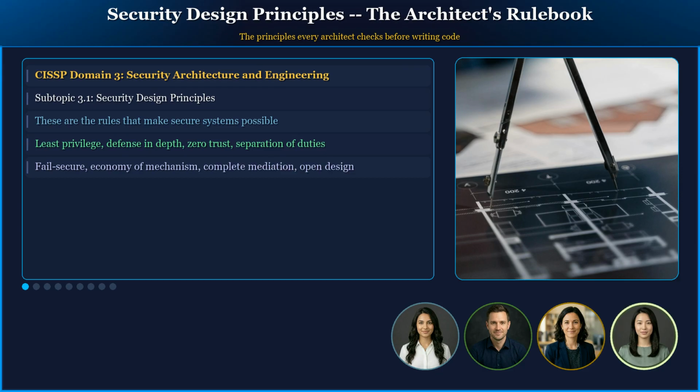By the end of this video, Erica and Michael and Bella, you will name every principle, explain the exam difference between fail-secure and fail-safe, and apply Kerckhoffs' principle to real cryptographic scenarios. 9 concepts, 1 domain foundation. Stick around for the RSA SecurID breach later in this video. It shows what happens when every principle fails at once. We start with the principle that appears on more CISSP questions than any other: least privilege.